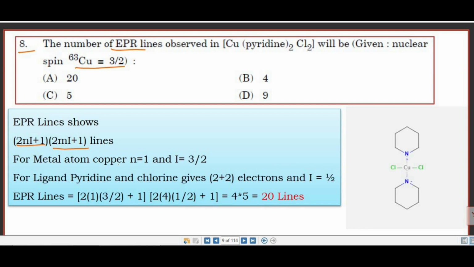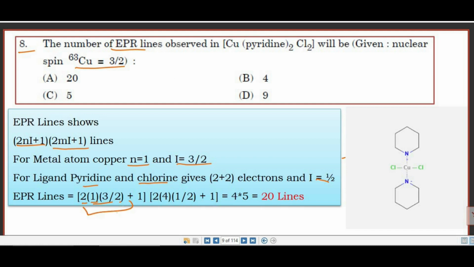For metal atom copper, N is 1, so 1 copper, and I is 3/2. For ligand pyridine, there are 2 pyridine, and 2 chlorine atoms, so totally 4 atoms, and I equal to 1/2. So 2NI plus 1, that is 2 into 1 into 3/2 for copper.